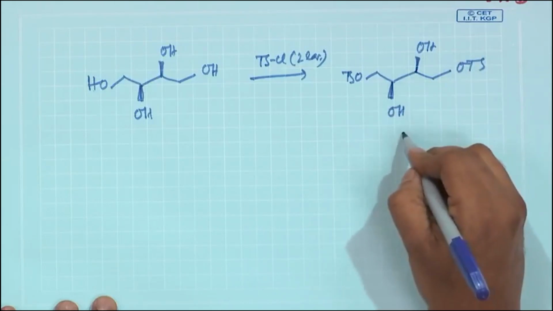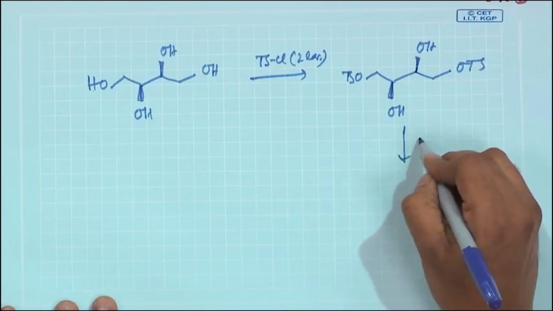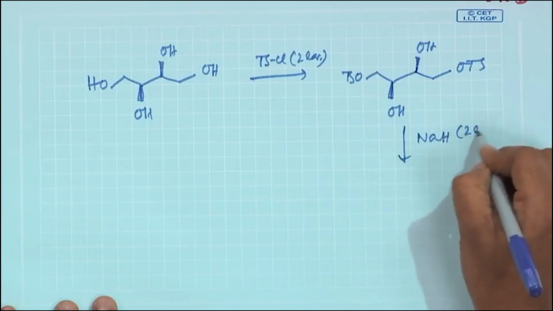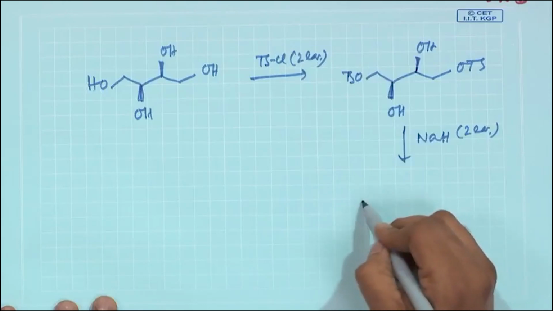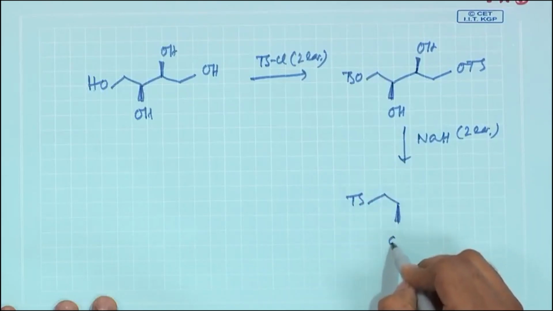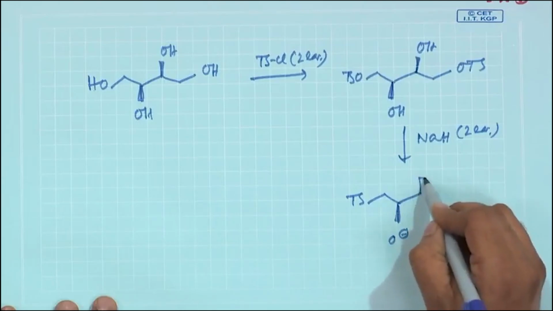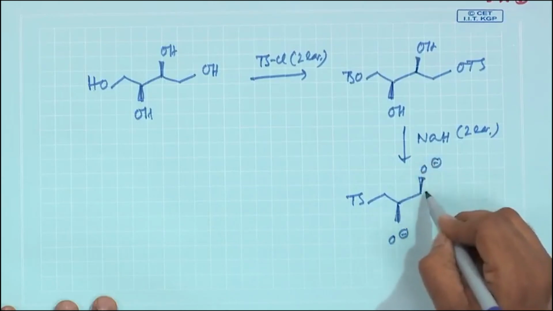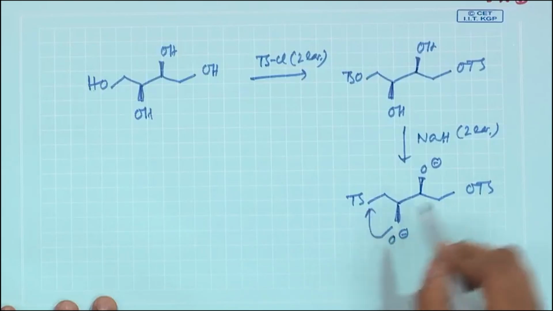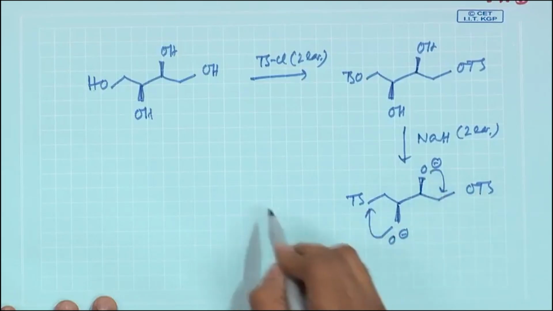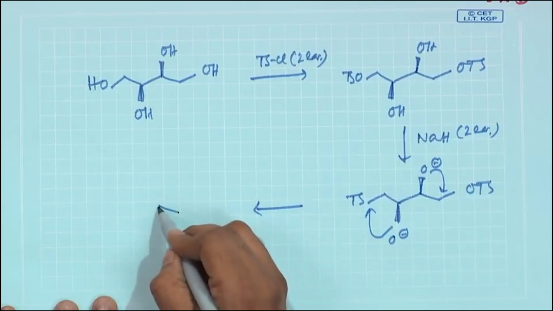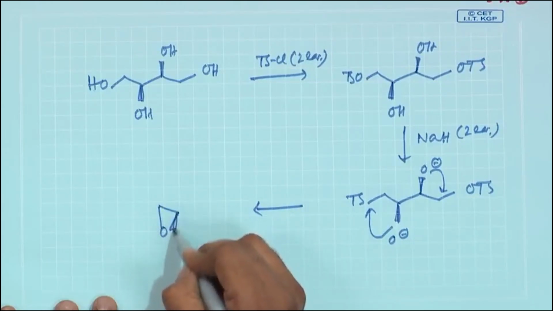This is also C2 symmetric, fine. Now, you react with 2 equivalents of sodium hydride. What does sodium hydride do? It makes the corresponding alkoxide in this way, and then this alkoxide will intramolecularly react to give you the structure which was your target molecule.